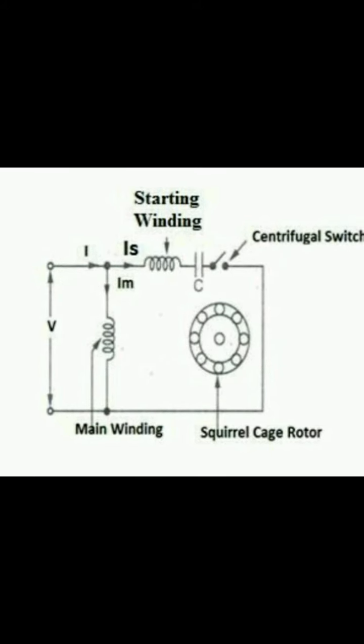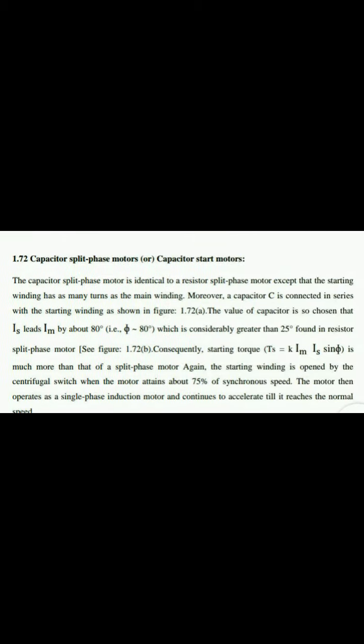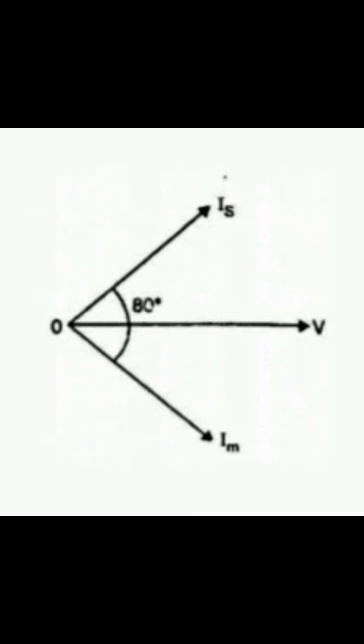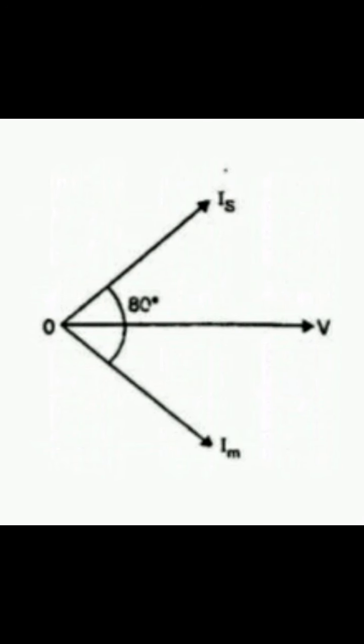That's why this motor is called a capacitor start induction motor. This is a phasor representation of the voltage, starting current and main current, which have an angle of 80 degrees, and due to that the induction motor starts to rotate.